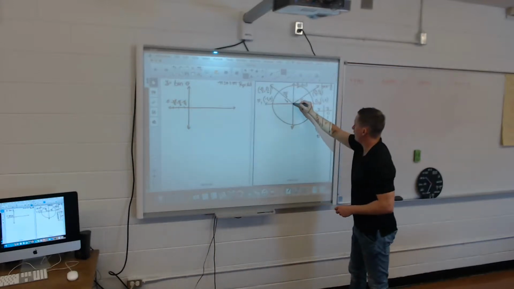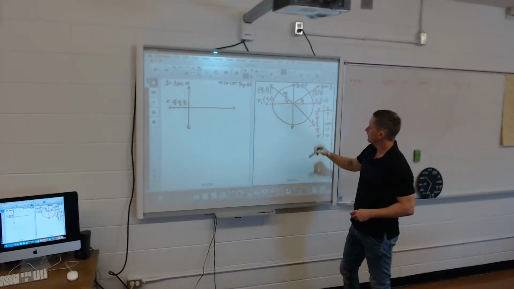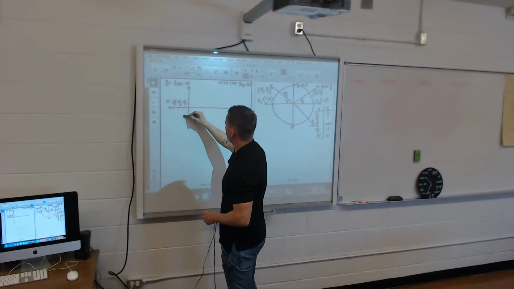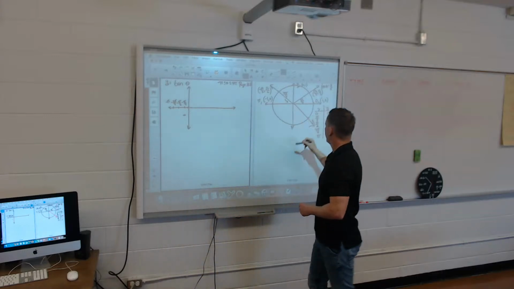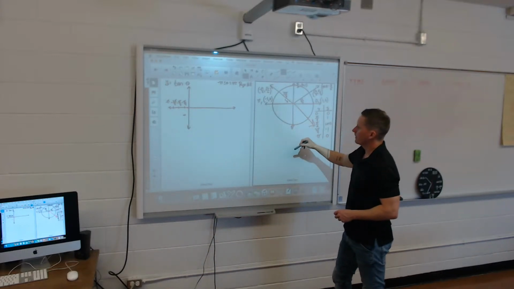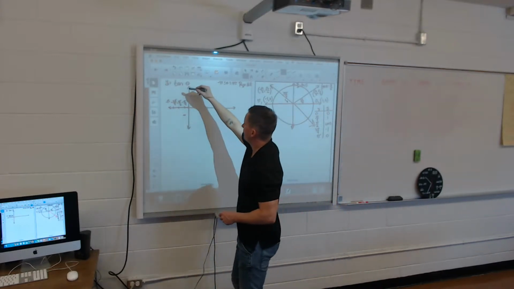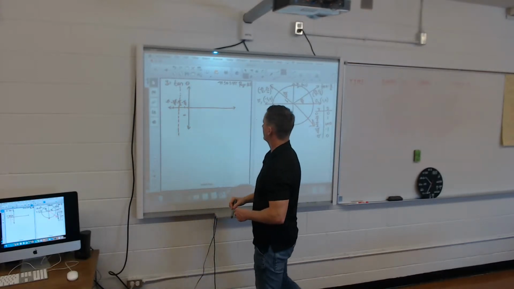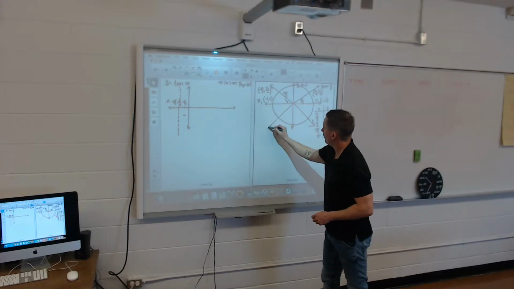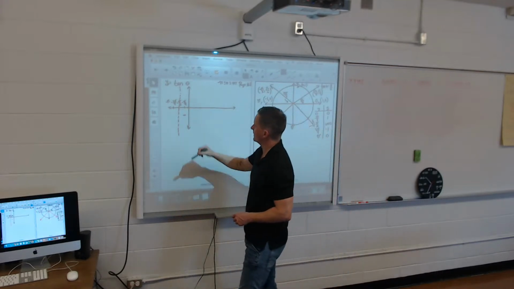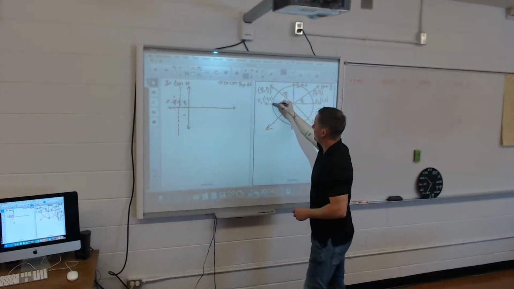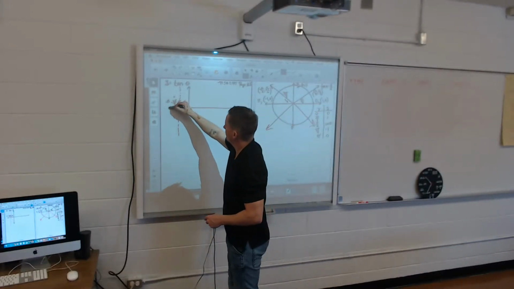At negative pi over 4, that's down here. My tan value is negative 1, right there. At negative pi over 2, my tan value is undefined, so it goes like this. Over here, my tan value is 1. Back to pi, my tan value is 0.